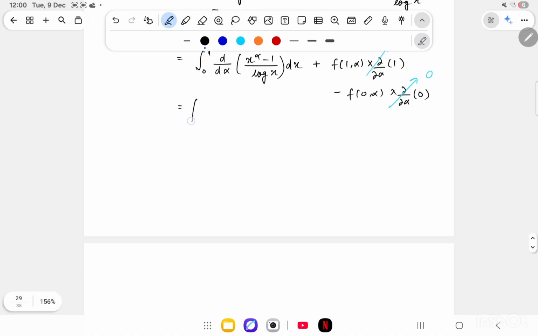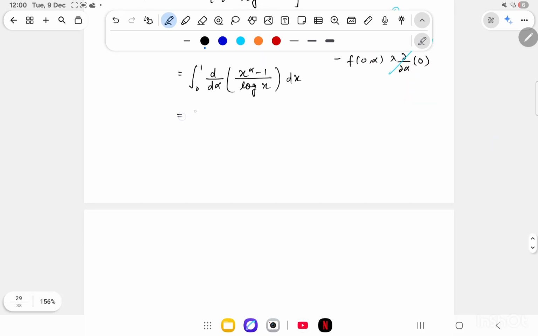So it will be equal to the integration from 0 to 1 of d by d alpha of (x^alpha - 1) divided by log x dx. Now if we differentiate the integrand with respect to alpha, observe that 1 by log x is constant with respect to alpha, so because of that we are able to pull it out.